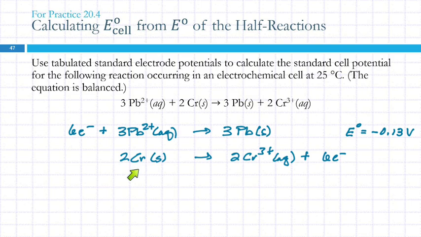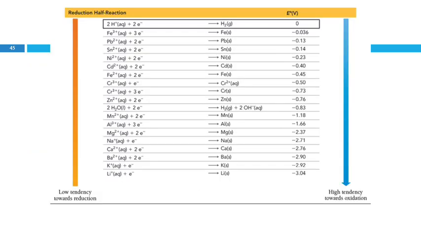The other one is chromium and chromium-3. So we're going to go look for that one. Here's chromium-3. There's 2 of them. So this one's going to chromium-2, and this one's going to chromium-0. This is the one we want. So we've got chromium-3, and we've got chromium.